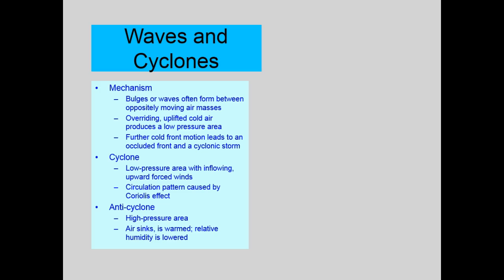So what's the mechanism here? Okay? The bulges or the waves are often formed between oppositely moving air masses. Now what had happened here was, I guess there had been probably a continental, I wouldn't call it polar, because this was down in Florida, but a continental air mass sitting over Florida.